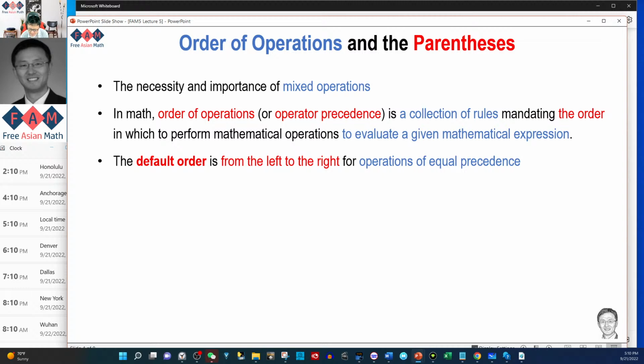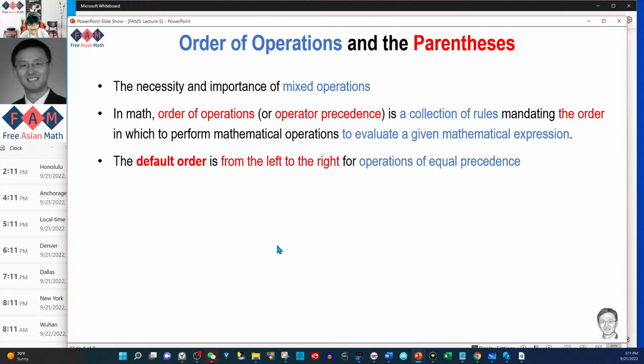When you have something of equal precedence, like in this case, we have two additions back to back, then the default order is always from the left to the right. Okay, so if you have addition only, it's always from the left to the right. That's the default order.